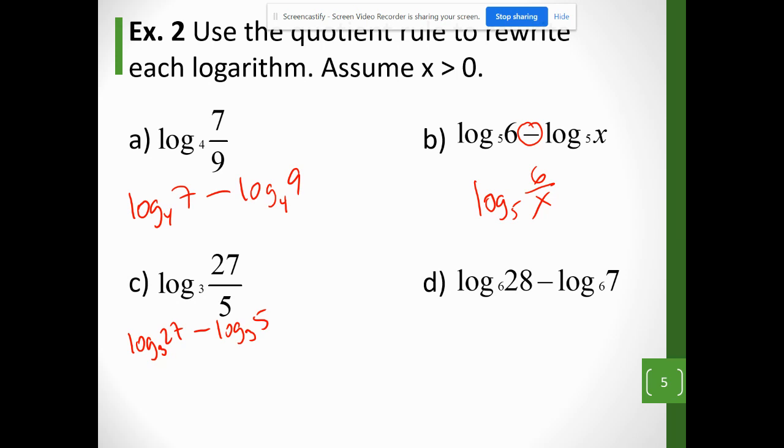Now, log base 3 of 27, that is possible. Because I want you guys to see this as 3 to the x equals 27. Can you think of an exponent such that 3 to the x is equal to 27?